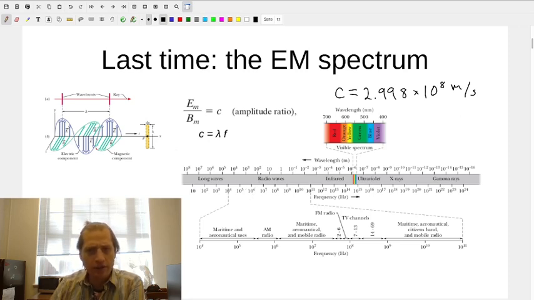Another thing that we talked about is that the types of electromagnetic waves are all essentially the same, but they have different effects because they have different lengths.